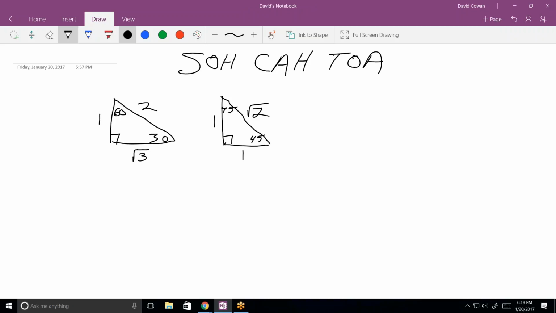What's the cosine? Well, first of all, you got to know cosine is adjacent over hypotenuse. What's the adjacent side to 30 degrees? √3. So what's the cosine of 30 degrees? √3/2. Okay, good.